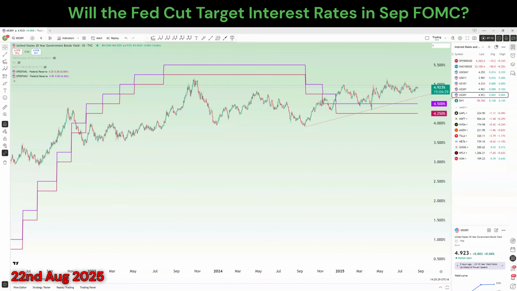So those smart money, they are not really believing in a rate cut, at least until now, right? For the entire month of August, they don't really have a change in the yield for 30 years.